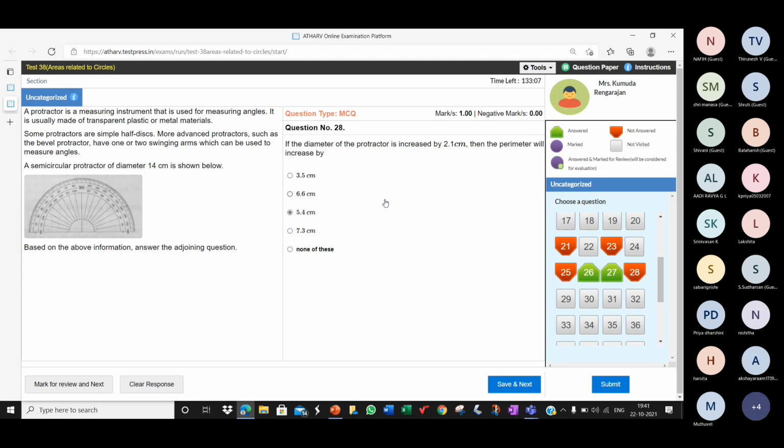Find pi r, pi into 8.05, plus d, plus 16.1, and that will give you the value of the new perimeter. New perimeter minus old perimeter will give you the increase in perimeter, and all of you say it's 5.4.